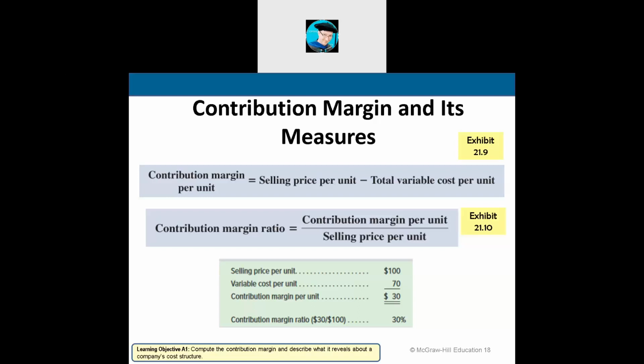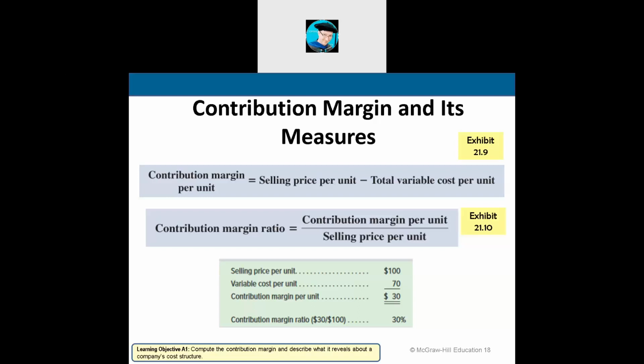The other thing you need to figure out is the percentage. We call this the contribution margin ratio. The contribution margin ratio is a percentage that represents the percent gross profit. Okay. Which is very simply found. We take the contribution margin per unit that you got from that first formula, divided by the sales price per unit. So my contribution margin per unit is $30. 100 sales price minus 70 variable cost is 30.